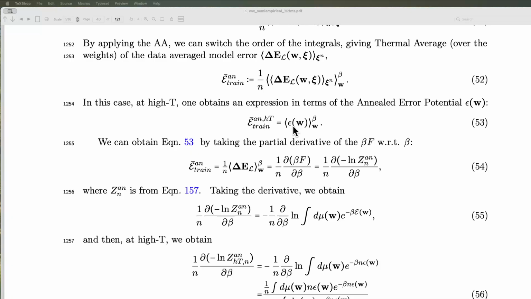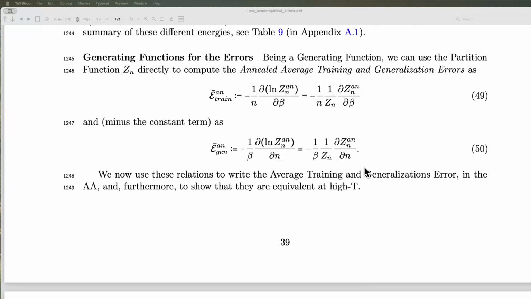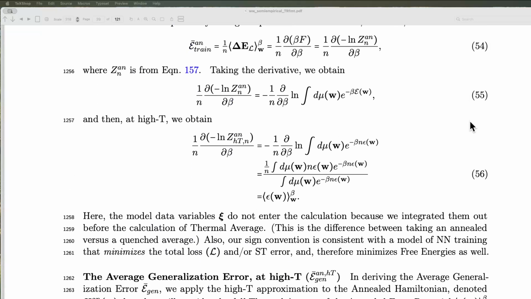So this is an average. The training error, we can obtain by taking the partial derivative of f. Like so, this expression is, so 54 is the same as 49.